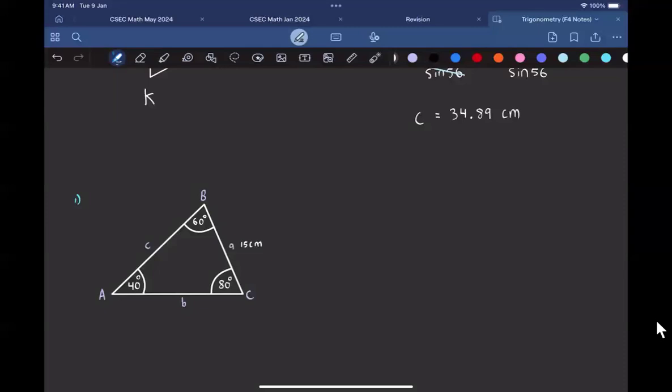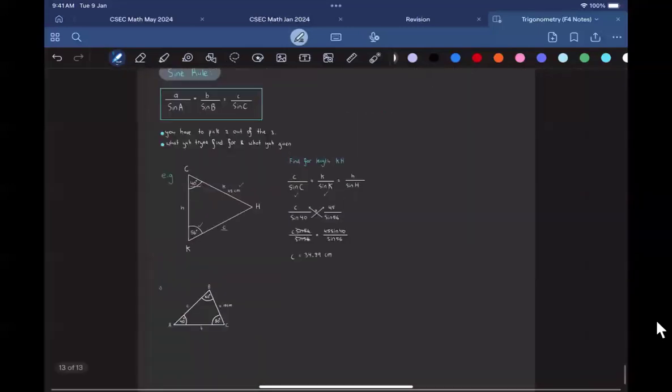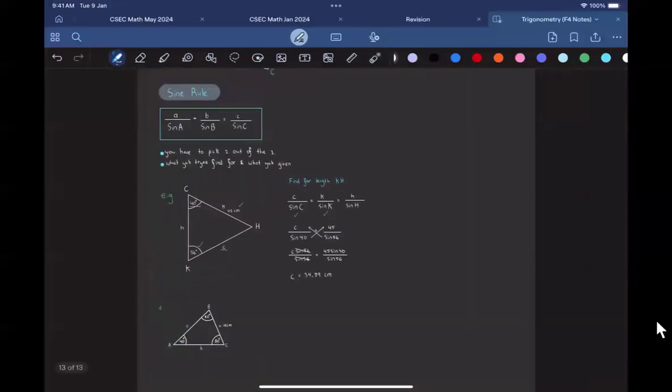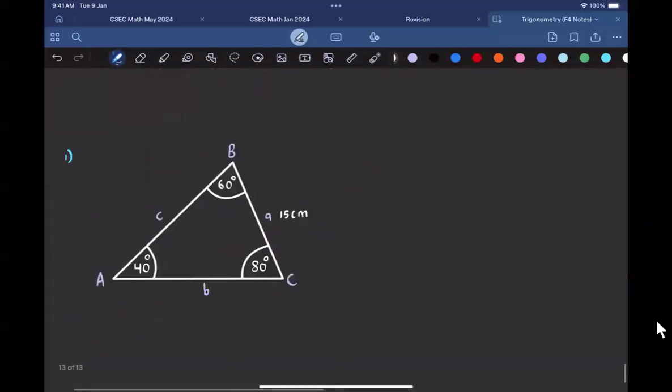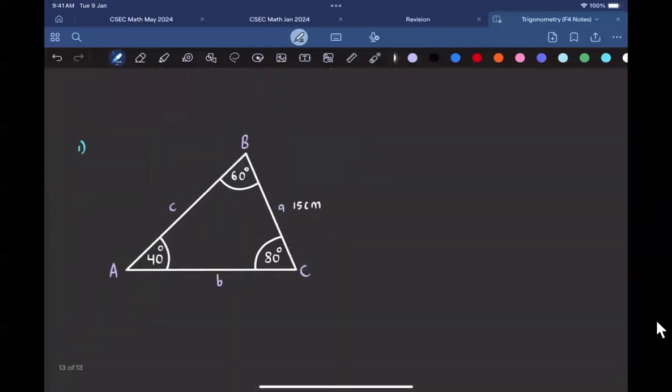Right, so let's continue. Amy, I was just reviewing the sine rule before I move on to the cosine rule. In this question, we are going to look at how to find b. They want us to find the length b.